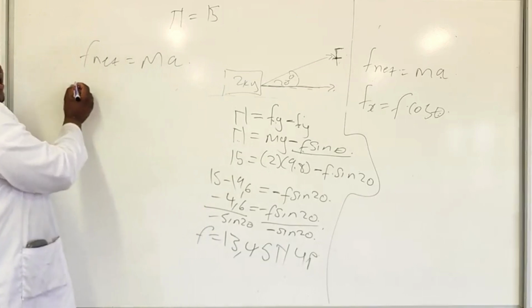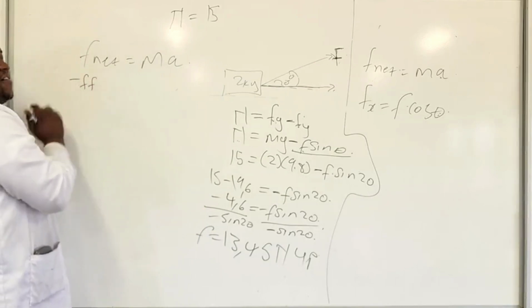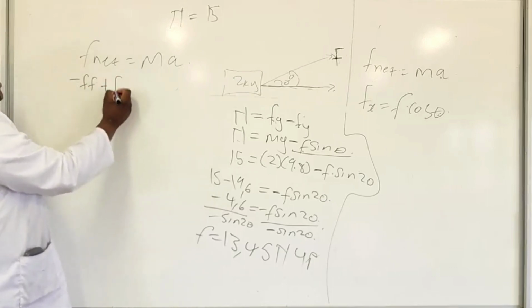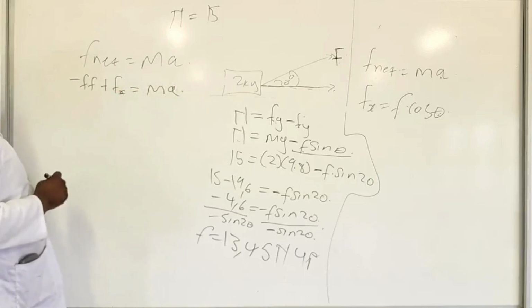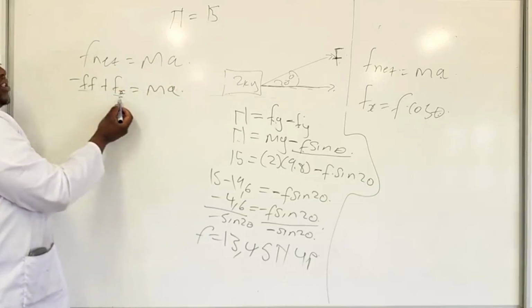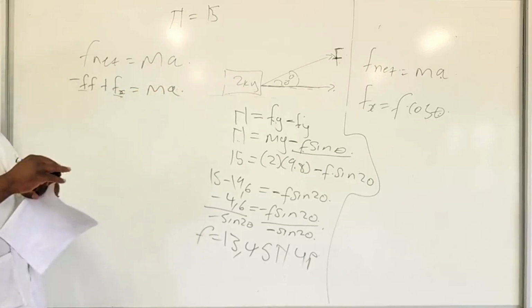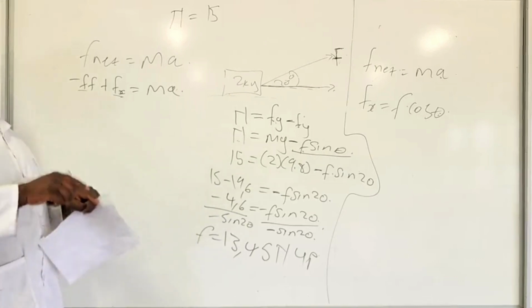So it means we're going to have minus frictional force, you can write Fk if you want, minus frictional force, then plus Fx is equal to ma. You understand? Why did we write these two forces? Because F net is the sum of the forces which are acting parallel to the surface or horizontal.